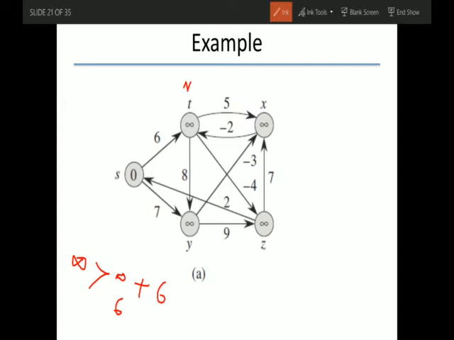Then the relaxation process will update this to 6, and also here it will update 7, and the predecessor of t, that is t.pi, will be s. This will be represented by a shaded or dark arrow in the graph.